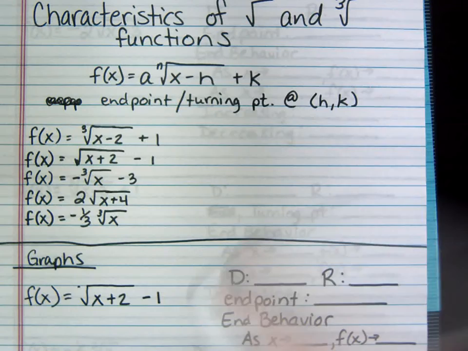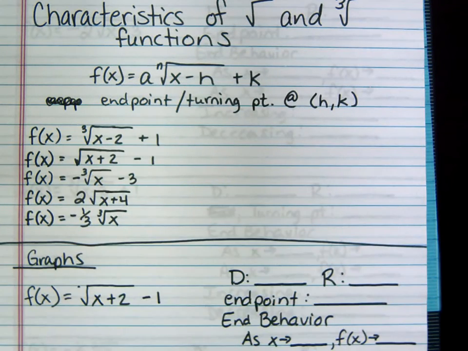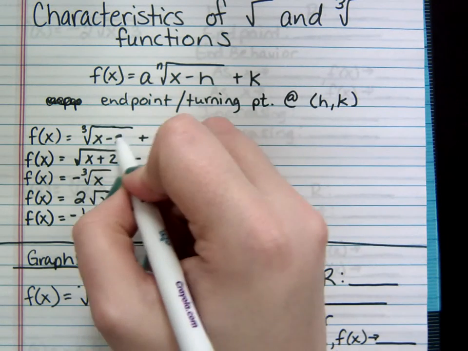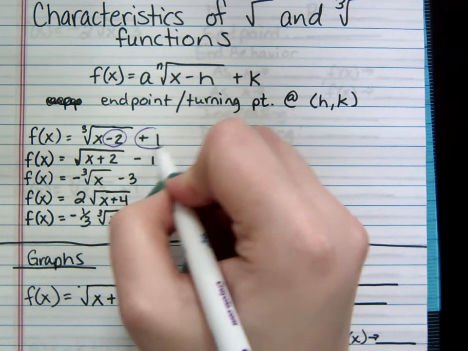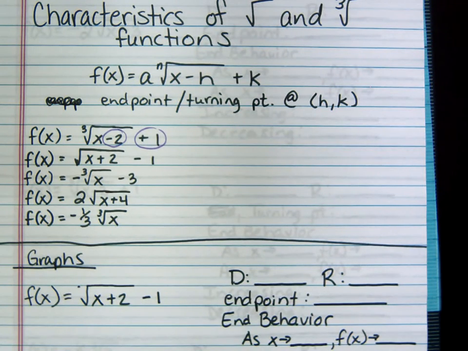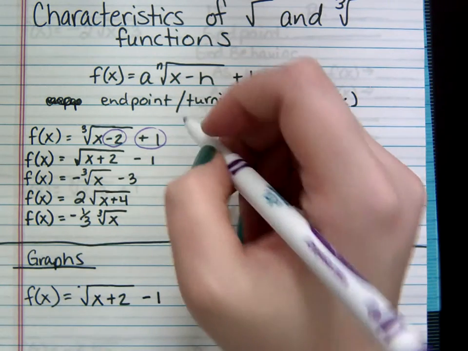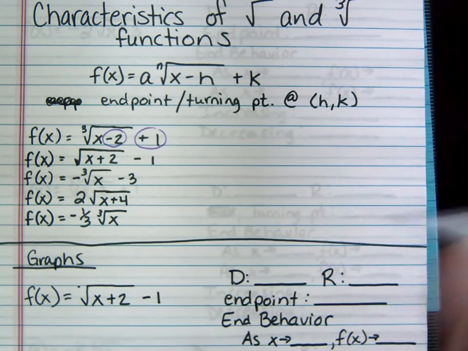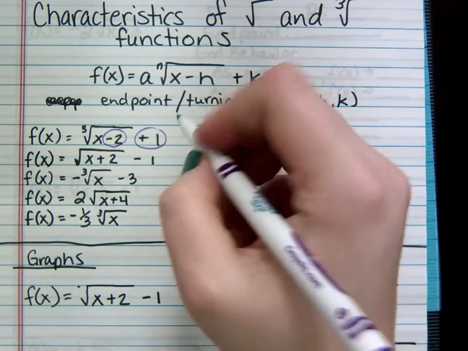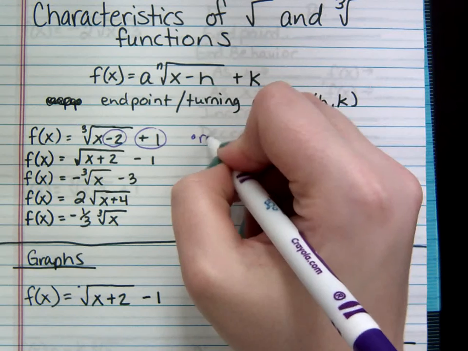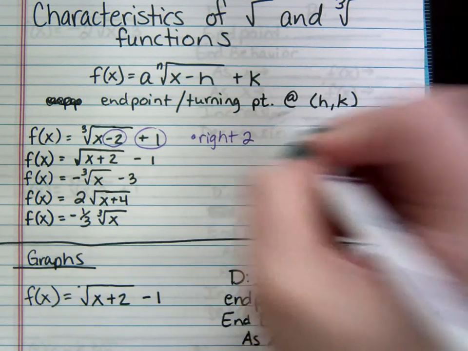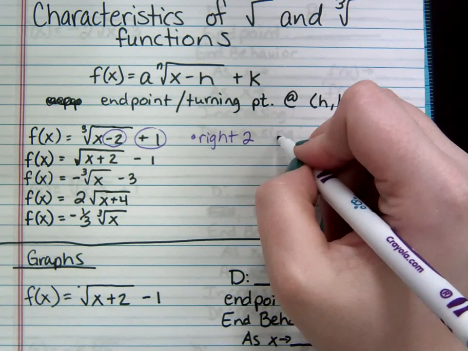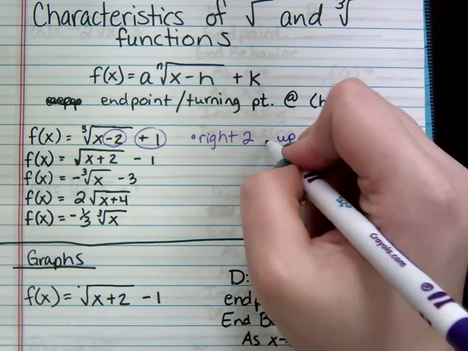So just for an example, let's look at these and tell what the transformations are. For this first one, the 2 and the 1 are transformations. Now the 2, it's a horizontal shift, but the horizontal always goes opposite the direction you would think. So that actually makes it go right 2. And this 1 makes it go up 1.